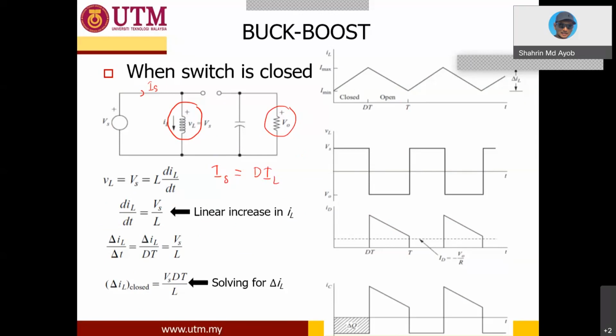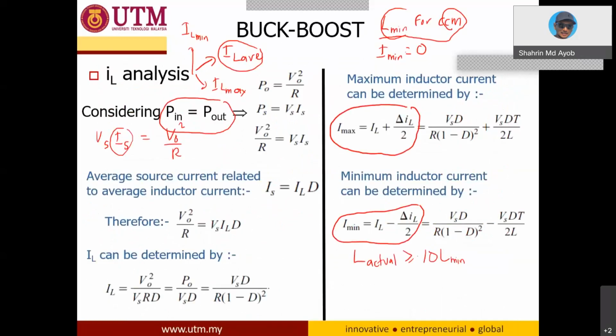The relationship between I source and IL is I source equals D IL. From that, you can calculate your IL average.